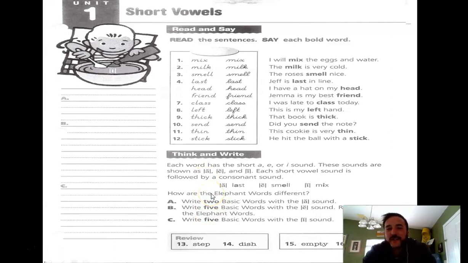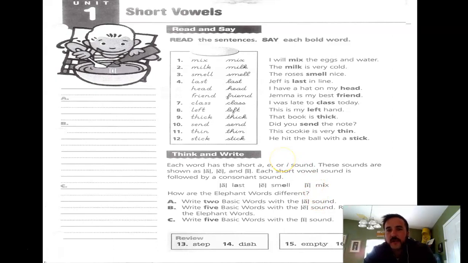So here are the directions. You're going to focus on these 12 here. I know it looks kind of weird because it's like, wait, section A, section B, section C. Let me explain that. What they're asking you in section A right here is, in these 12 words, write the two basic words with the short A sound.